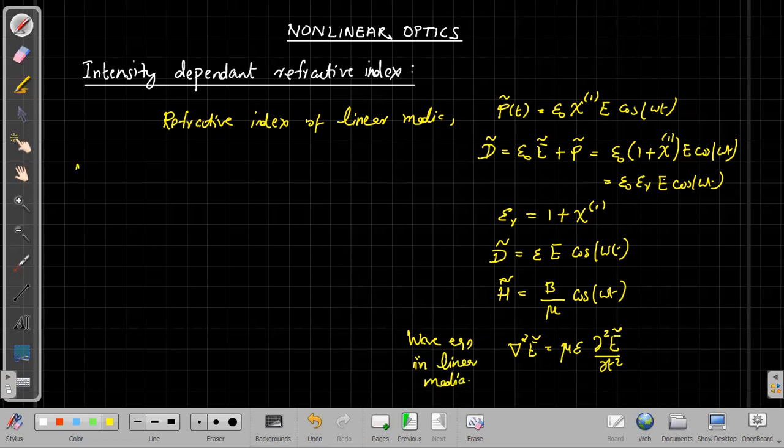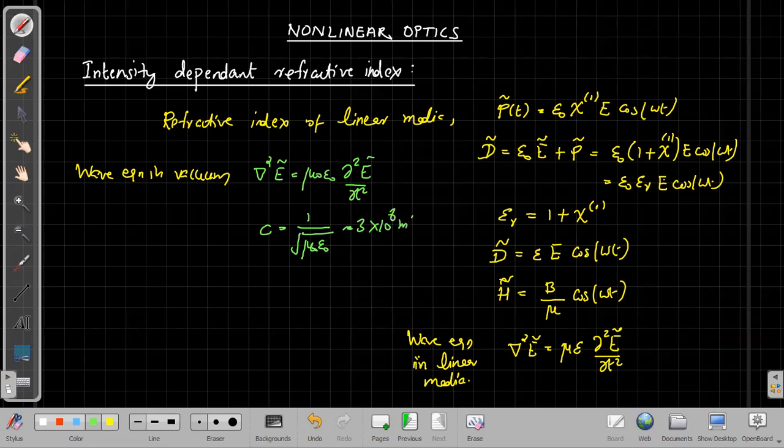What was the wave equation in vacuum? It was del square E equal to mu 0 epsilon 0 dou square E by dou t square, and we identified the speed of this wave as 1 by square root of mu 0 epsilon 0, approximately 3 times 10 raised to 8 meters per second.